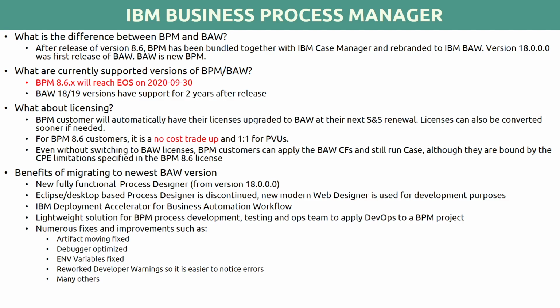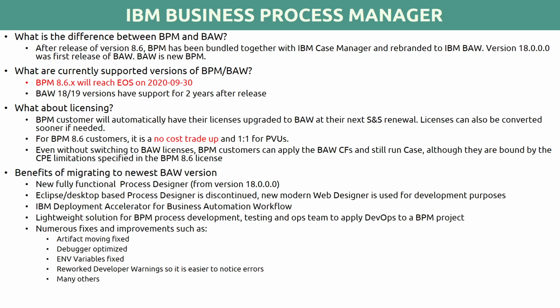So what is the migration path for BPM? There is a new version called BAW, and for BAW you also get Case Manager and BPM. There are now two versions of the product, 18 and 19.